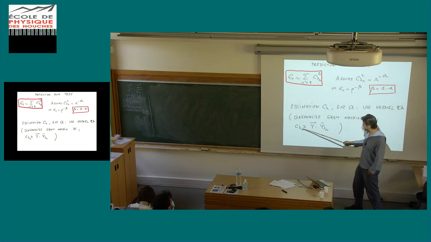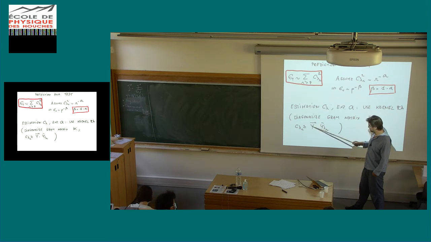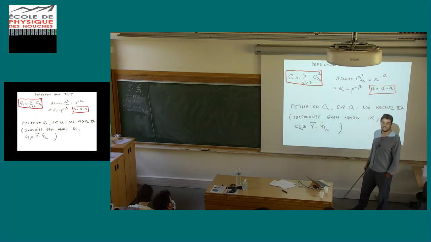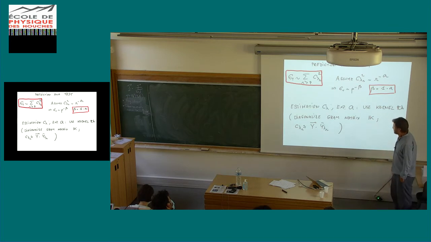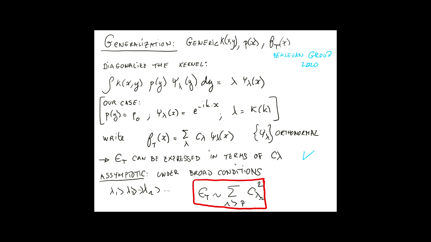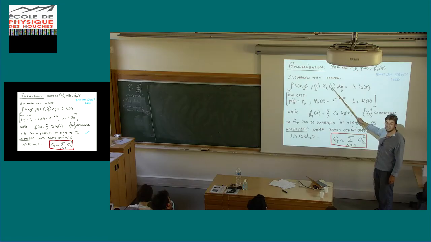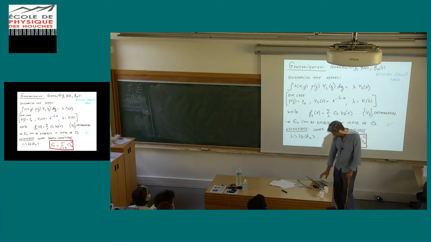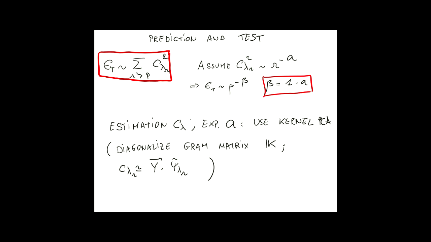And C lambda is essentially estimated by your vector of observation projected on those eigenvectors. Why? Because diagonalizing the Gram matrix is very much like doing a sort of Monte Carlo estimate of this integral for a discrete set of points. I would take more time to explain it, but this is the thing to do.